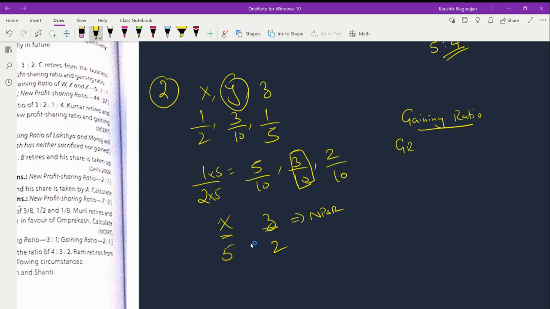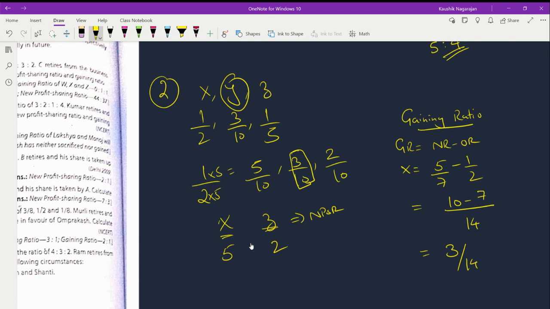Now apply the formula. Gaining ratio is equal to your new ratio minus your old ratio. So first for X, you are going to determine. For X, the new ratio is 5 by 7 minus 1 by 2. So when I take LCM for 7 and 2, it becomes 14. So 5 into 2 becomes 10 minus 1 into 7, so this gives me 10 minus 7, so 3 by 14.